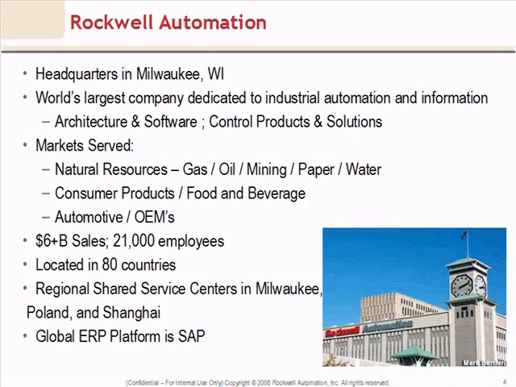Most recently we're about $6 billion in sales, and we have 21,000 employees located in 80 countries around the world. We currently have regional shared service centers in Milwaukee, Wisconsin, in Poland, as well as in Shanghai, China. And as I already mentioned, our global ERP platform is SAP.